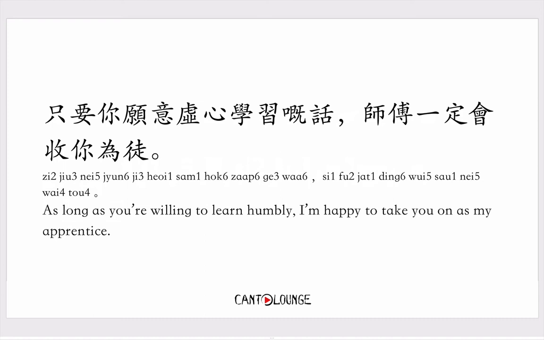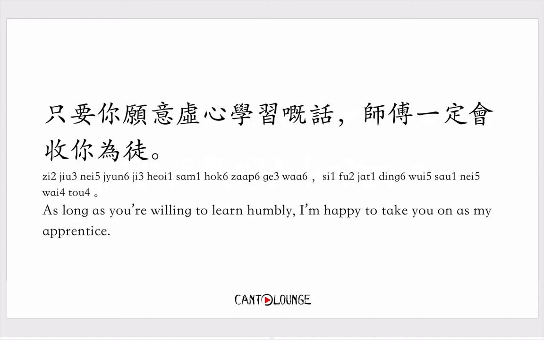So imagine a master meeting an apprentice, and the apprentice is saying, can I study under your tutelage? And the master says, 只要你願意虛心學習嘅話，師傅一定會收你為徒. So 只要 as long as, 你願意 you're willing to, 虛心 humbly, 學習 learn. 嘅話 is optional, as with any of the 嘅話, any implied ifs, but you can add it in there, just to make it sound fuller.